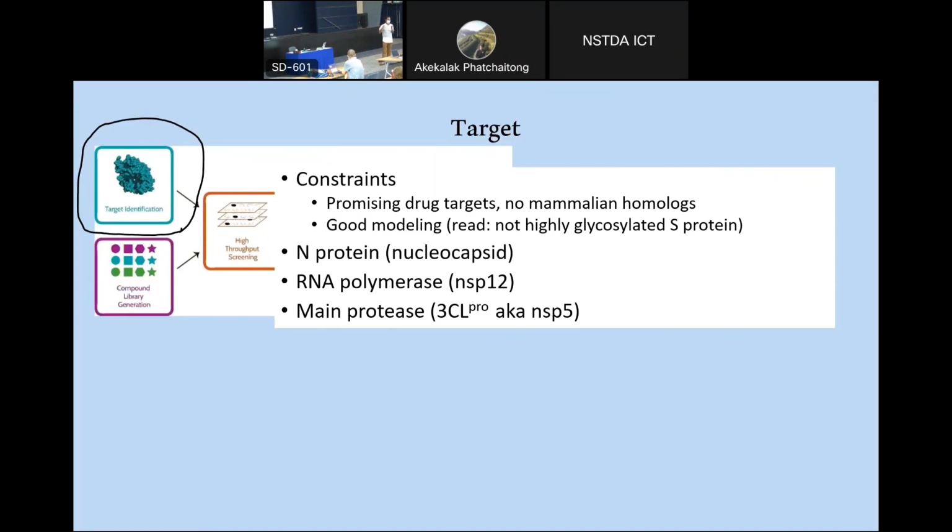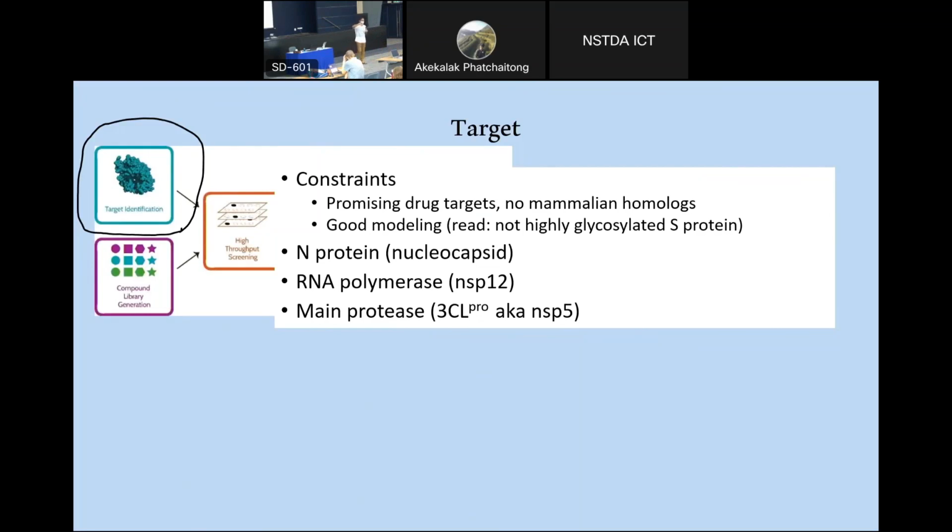I mean, we can model the glycosylation, but it's an evolving field. So if you're targeting a protein that has the possibility of glycosylation, like the spike protein of SARS-CoV-2, make sure you model the sugars there, so that you know which part will be exposed and so on. Or if you can, find a protein that does not require glycosylation.